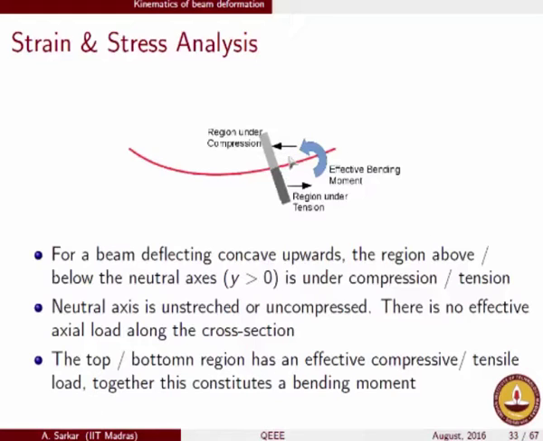Since the top part is under compression and the bottom part is under tension, you can replace them with effective compressive forces and effective tensile forces. These are in fact going to give a bending moment, which is what we have accounted for earlier also, but I am just establishing that from a completely different perspective.